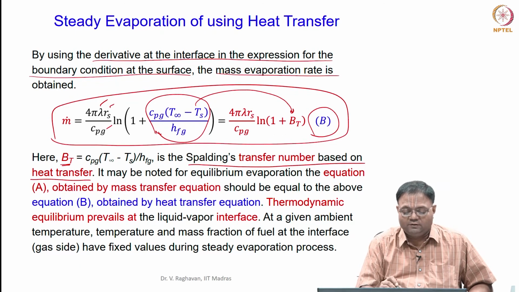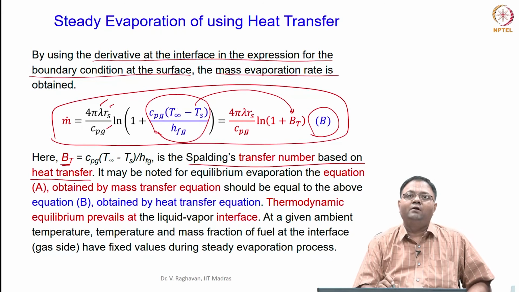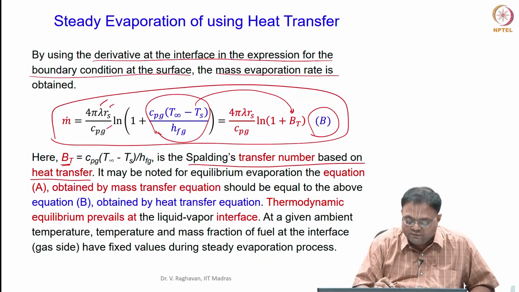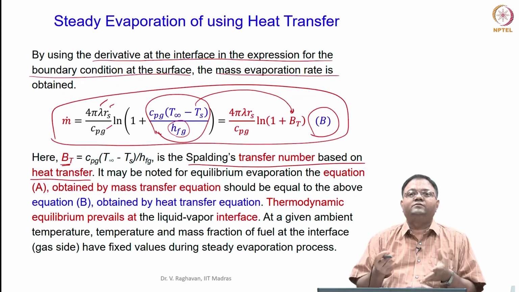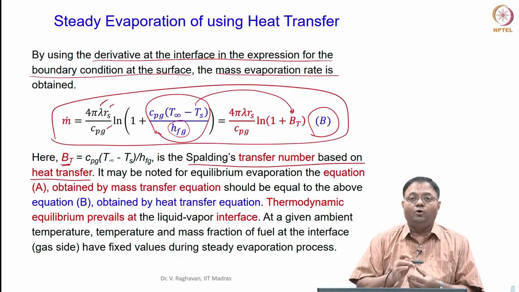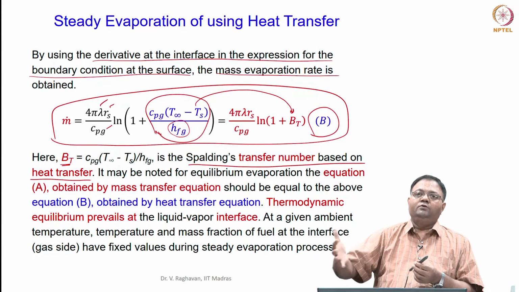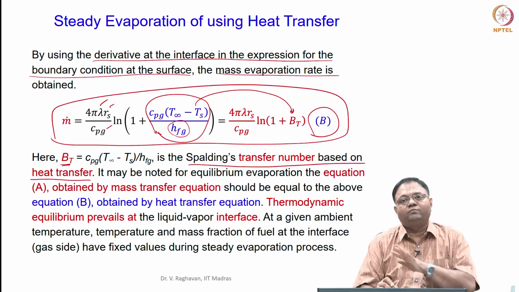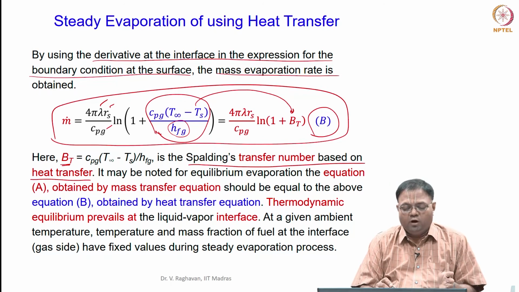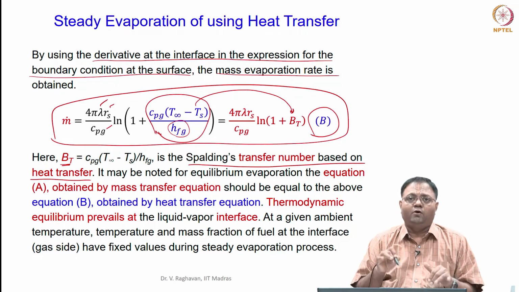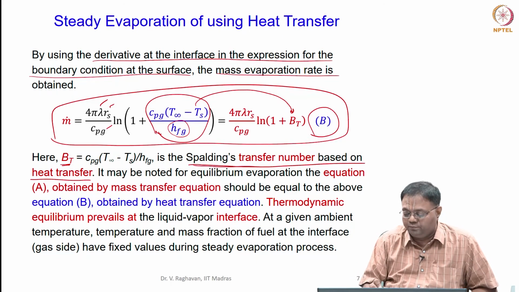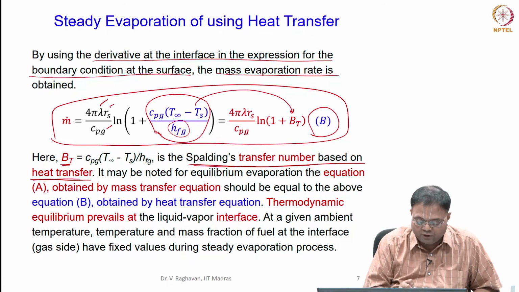You can easily understand that this is the energy which can be fed from the gas phase to the interface, the available energy for evaporation, and Hfg represents the energy which is required for evaporation. So this ratio is basically called the transfer number based on heat transfer.